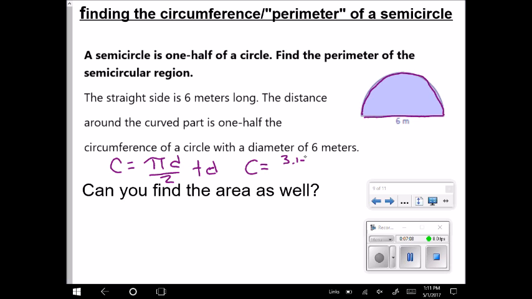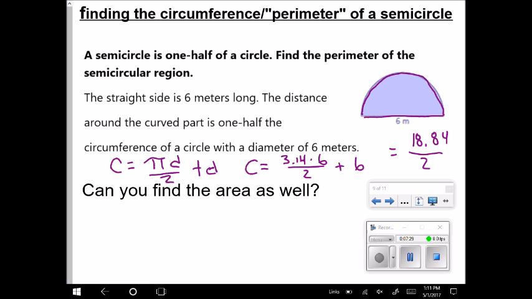We'd have 3.14, the diameter is 6 times 6 divided by 2 plus 6. So if we do some math here, we have to do the numerator first. 3.14 times 6 is going to be 18.84. Okay, we're going to divide that by 2.